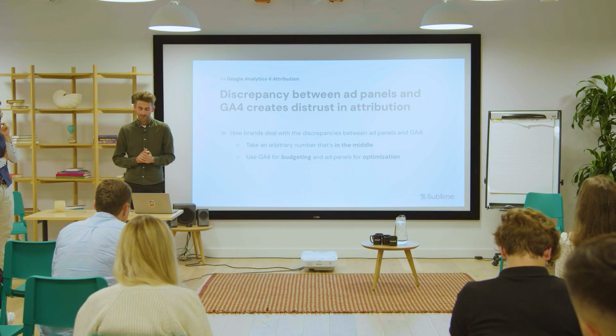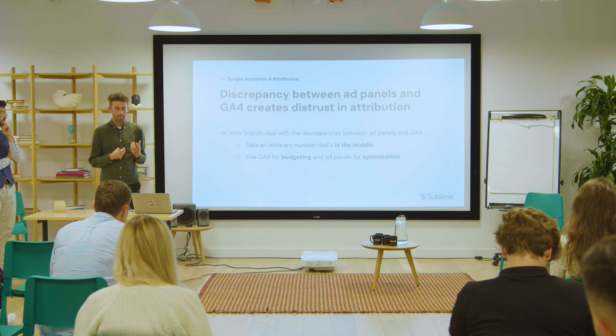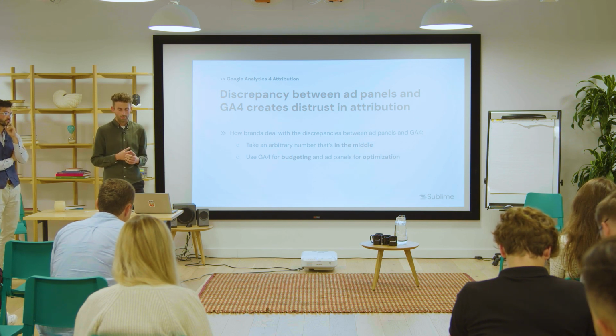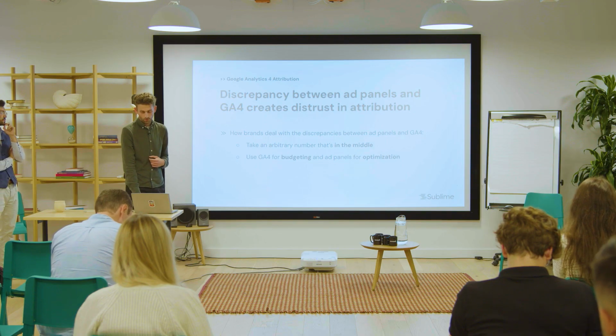The other technique is that one tool is used for budgeting, so determining the budget split: how much will be the budget for Meta, what will be the budget for Google Ads, and then we go back to the platforms for daily optimization, which is not really a connected approach to making decisions.